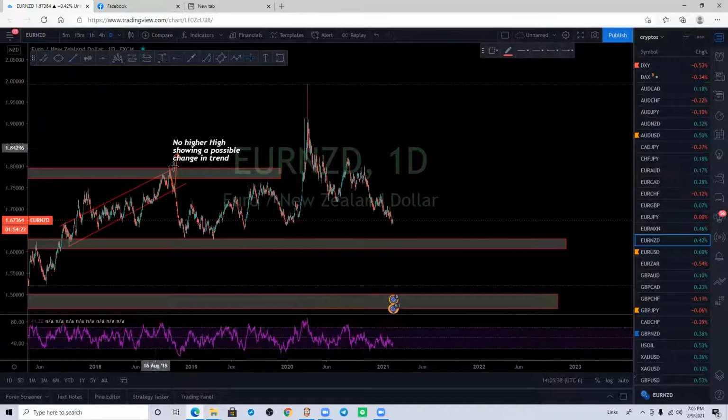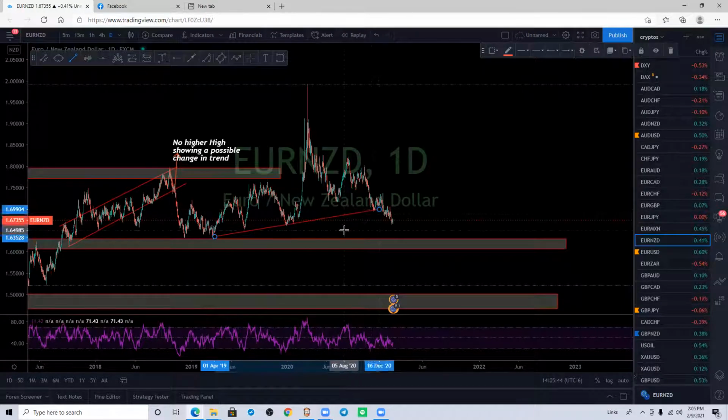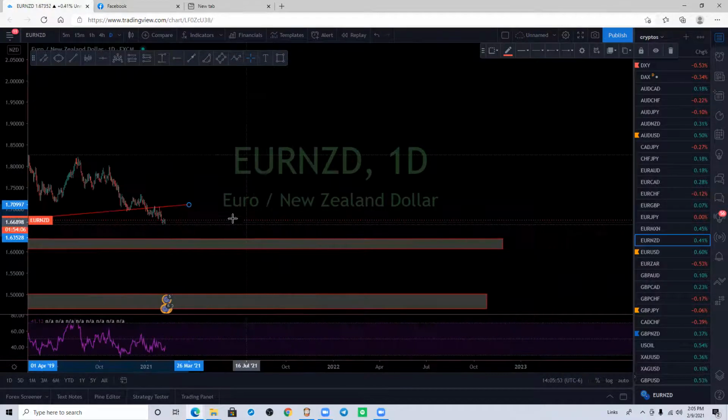Here you can see another trend. One, two, three, four touches.